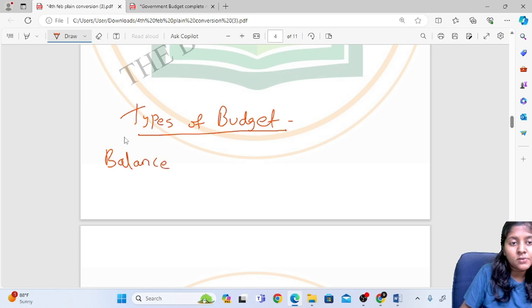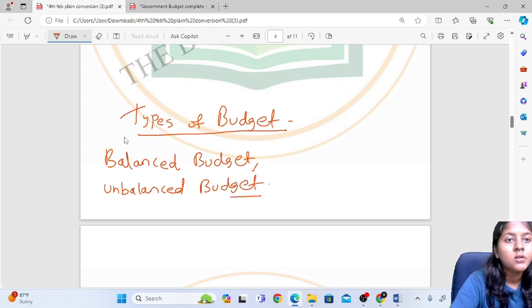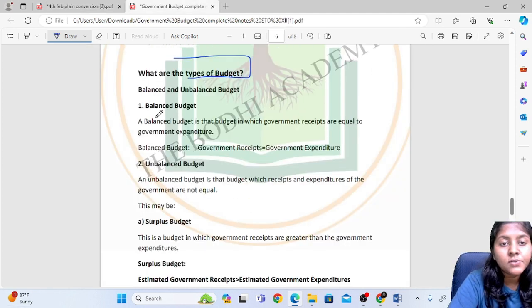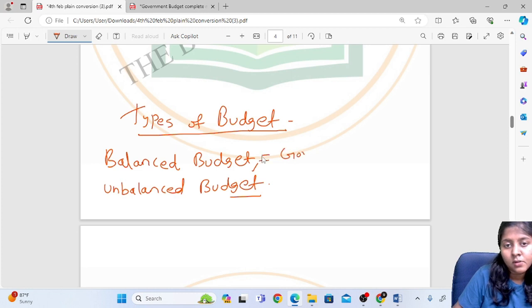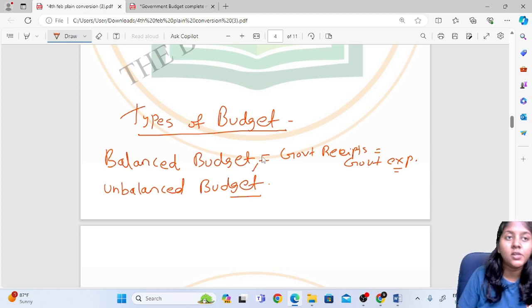The first one is balanced budget. Balanced budget is that budget wherein government receipts are equal to government expenditure. This is called a balanced budget.